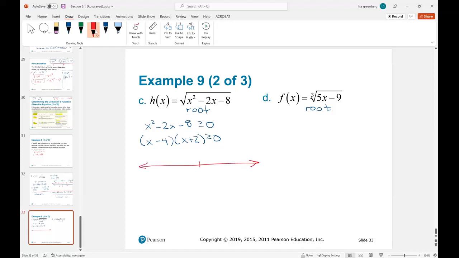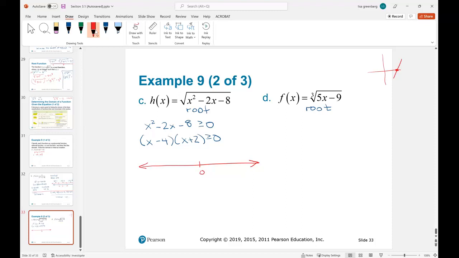And first thing I do is I put on my number line my zeros, okay? Because to go from positive to negative, no matter what the graph looks like, I'm always going through 0, right?